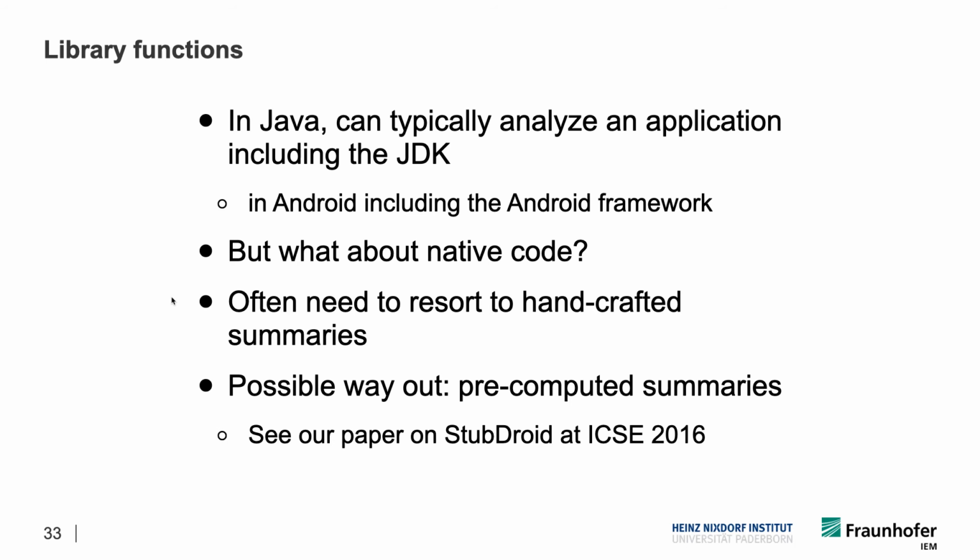Then these methods are modeled by hand. So we explicitly tell the analysis, for instance, that if you see a call to thread.start, it will implicitly cause a call to thread.run or to the run method of a given runnable, so that we explicitly model the appropriate call edges in the call graph that we use.